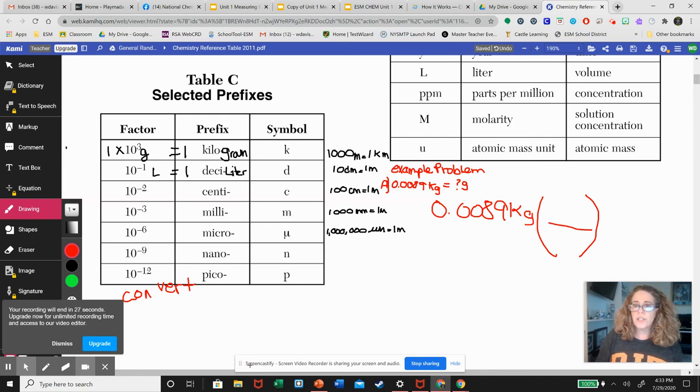So I want to put the kilograms on the bottom, and I want to put the grams on the top, and now I just got to put in the numbers. So I have 10 to the power 3 grams to 1 kilogram. And if you don't like working in scientific notation, you can always make that 1,000 because it's the same thing. 1 times 10 to the power 3 is 1,000. All right, so that's our quick little mini lesson on reference table C.